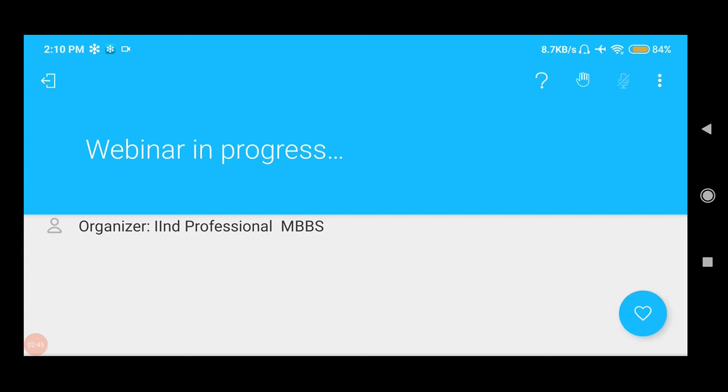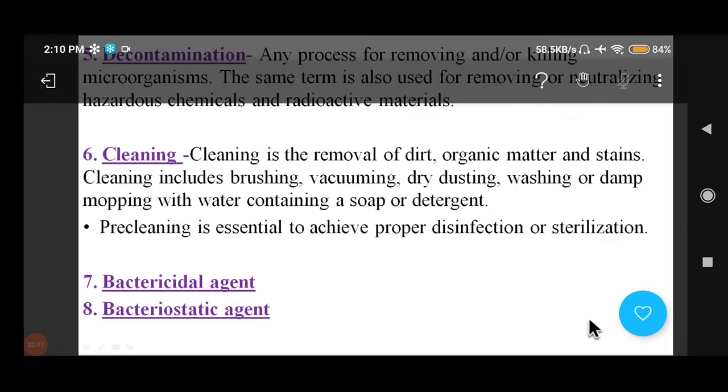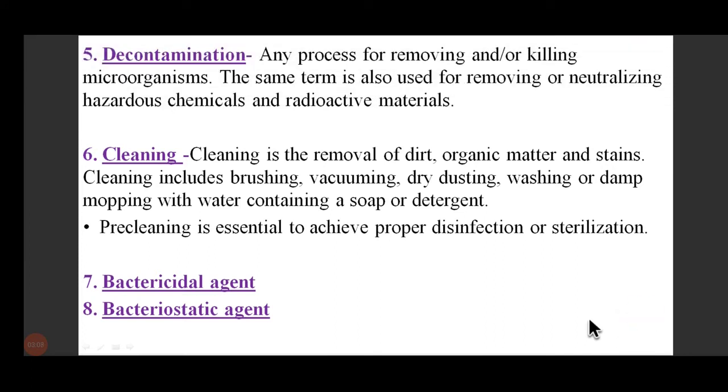Then we have decontamination. Decontamination is the process of removing or killing microorganisms. The same term is also used for removing or neutralizing hazardous chemicals and radioactive materials. And then we have cleaning. Cleaning is basically the physical removal of dirt, organic matter, and stains. Cleaning includes brushing, vacuuming, dry dusting, washing, or damp mopping with water containing a soap or detergent. It is the regular procedure which is carried out in your homes and everywhere in your environmental settings.